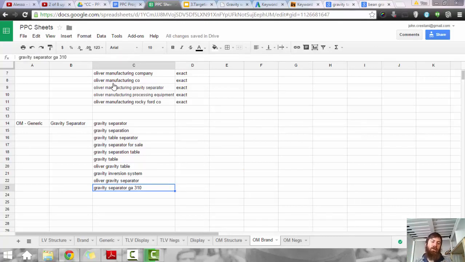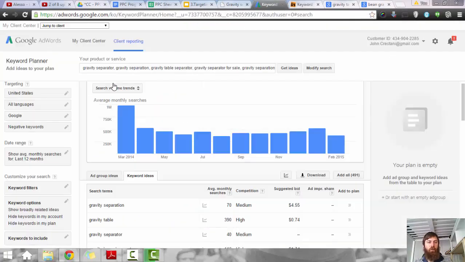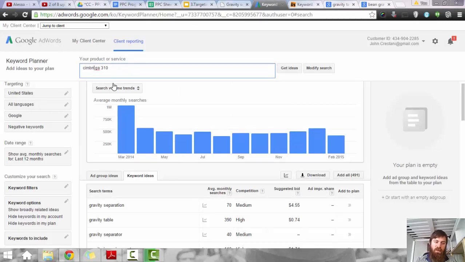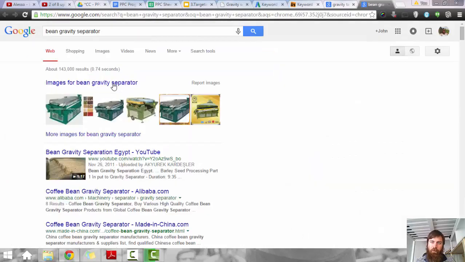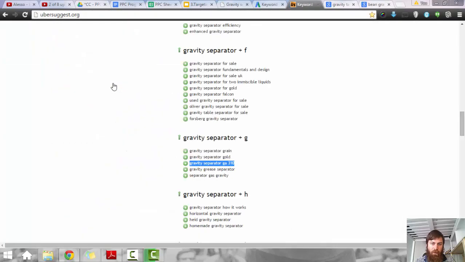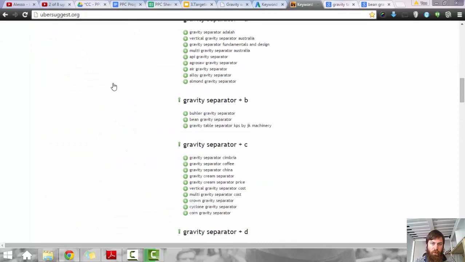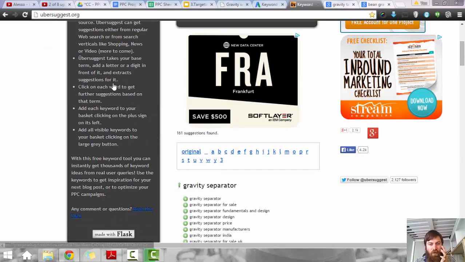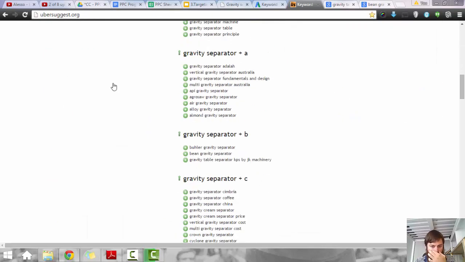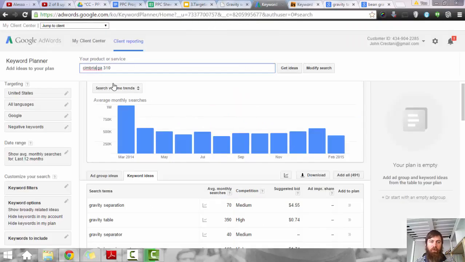So if they say gravity separator GA310, I'm guessing a term could be Cimbria. Is that it? Cimbria GA310. So let's see if that shows up.